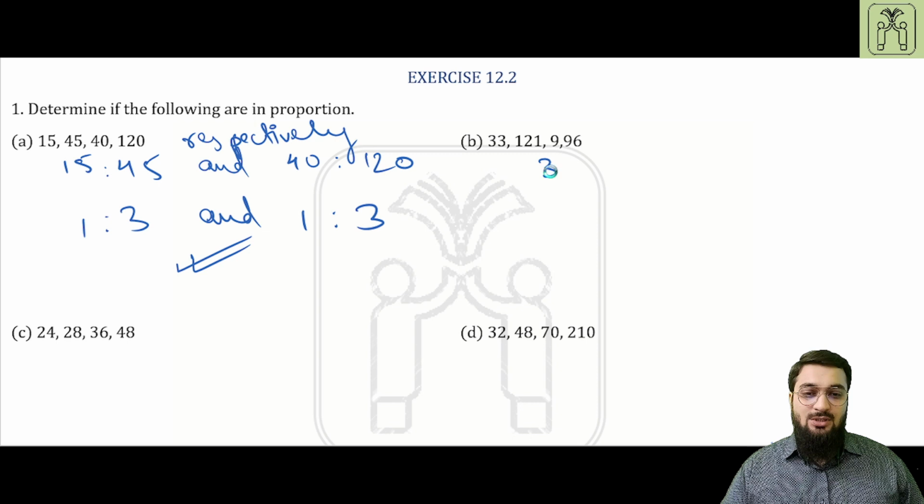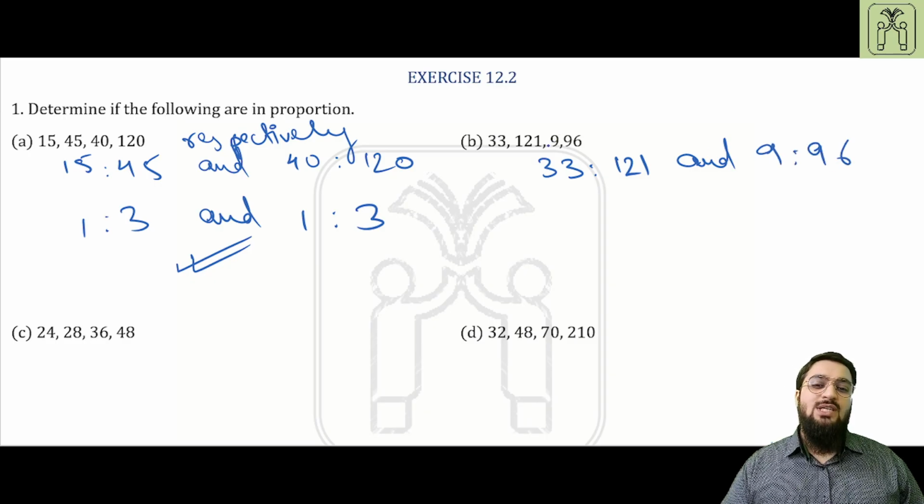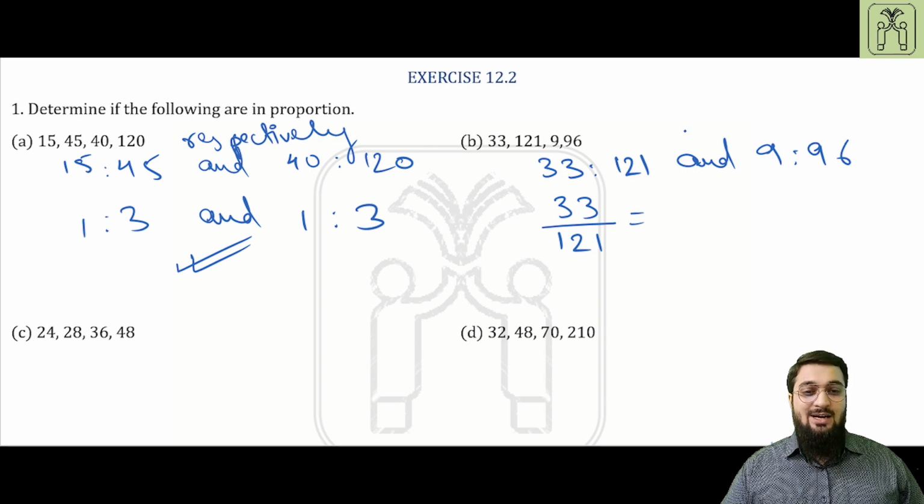Coming to the next question, that is 33 is to 121 and 9 is to 96. You can see that over here the ratios do not have an easy multiplication among each other, and if we have to check whether they are in proportion or not, we will have to do a very lengthy calculation and hit and trial. So a better method is to just do a cross multiplication. As I told you, 33 is to 121 can be written like this, this sign can be written as is equal to, and 9 upon 96 can be written like this.